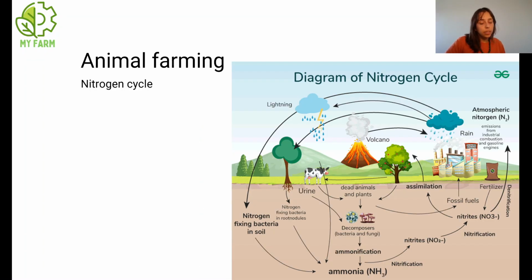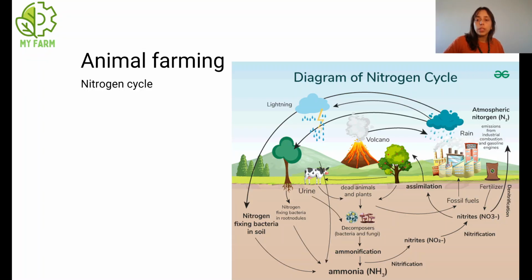Apart from carbon, another fundamental element is nitrogen. Nitrogen is essential for life, as it is a building block for proteins and nucleic acids, DNA and RNA. The nitrogen cycle is a biogeochemical process that moves nitrogen between the atmosphere, soil, and living organisms.